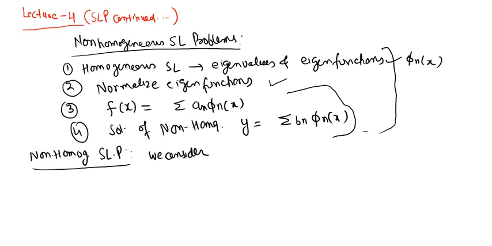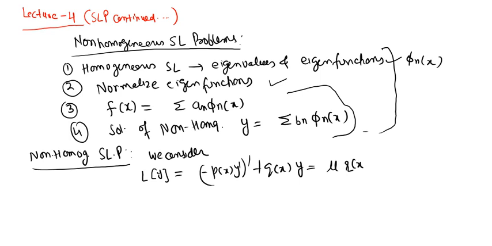Let us write L of y, which is minus (p(x) y')' plus q(x) y, equal to mu r(x) y. So I am not writing lambda here, I am writing mu. Okay, and the non-homogeneous term which is f(x). Okay, and we have solved this problem earlier, with one addition by f(x).